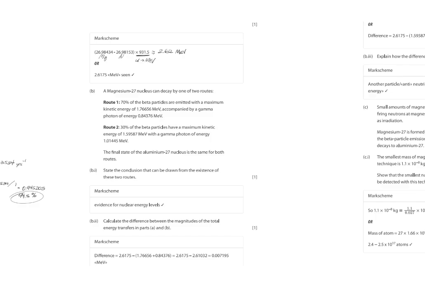I could draw 2 conclusions. One is, yes, the energy for nuclear energy levels, because the fact that gammas are emitted means that the nucleus is going from an excited nuclear state to a non-excited ground state, which is the only way a gamma photon can be emitted.